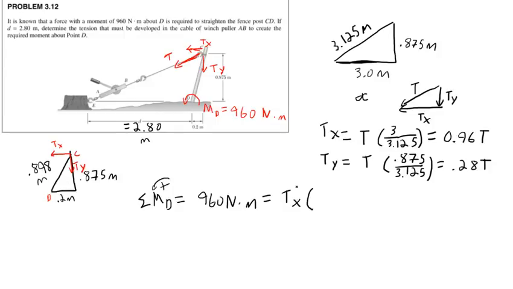I'm going to multiply by its perpendicular distance, which is 0.875 meters. Again, Tx has a perpendicular distance of 0.875 meters from point D, its line of action perpendicular distance. And it's positive because it's causing a counterclockwise rotation about point D. Minus Ty times 0.2 meters.